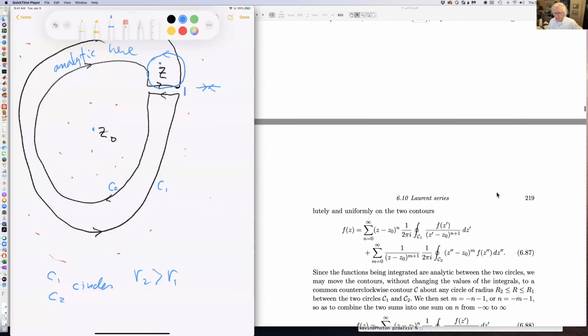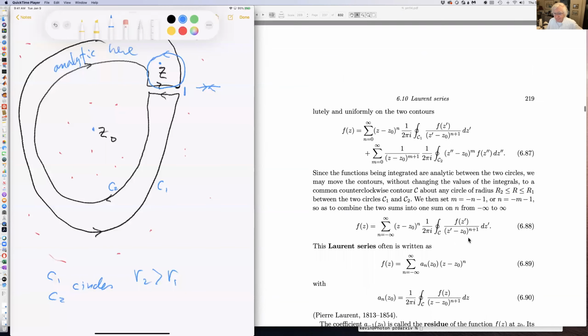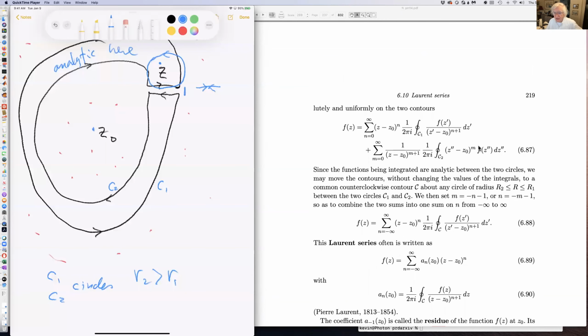So we can expand both of them as power series, and we have these expansions here. The Laurent series then is a sum in general from minus infinity to plus infinity of z minus z0 to the n times 1 over 2 pi i, the integral of f of z prime dz prime over z prime minus z0 to the n plus 1, but n can be negative as well as positive.